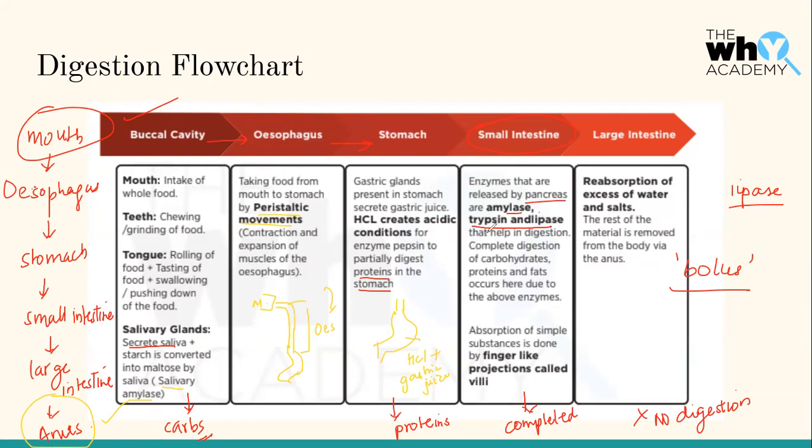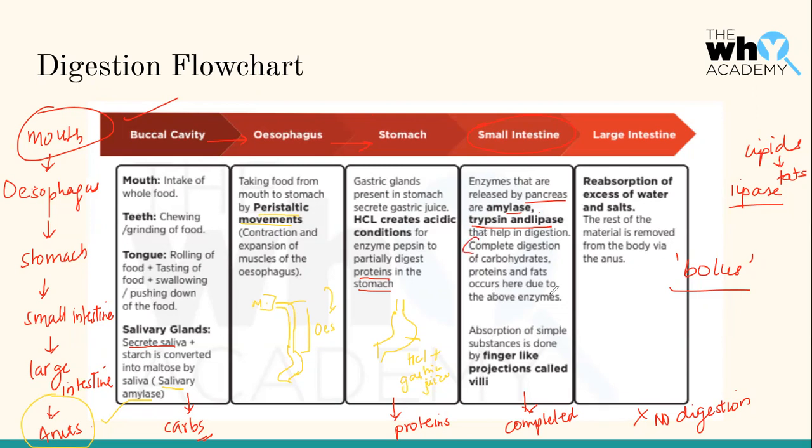You can remember trypsin with the P. Lipase is usually for lipids, which are fats. Okay, I'll find a way to give you something.